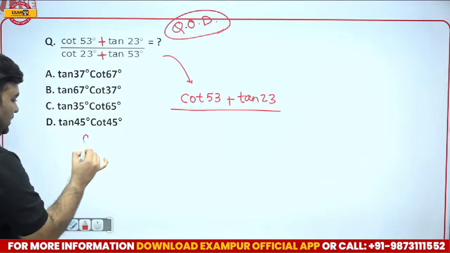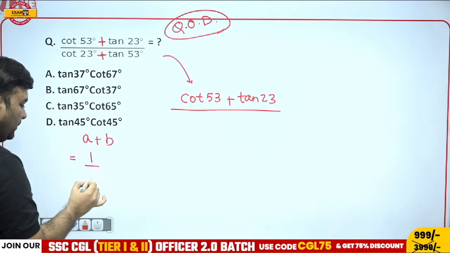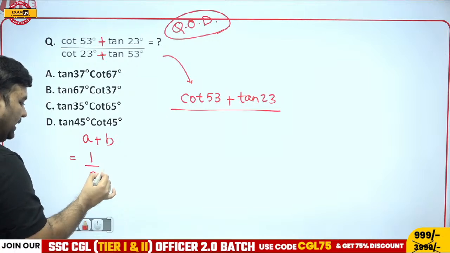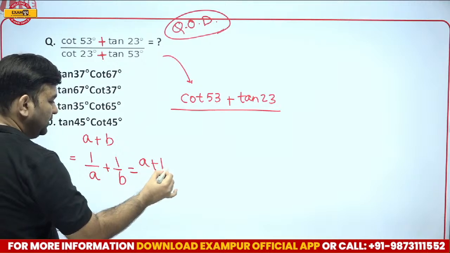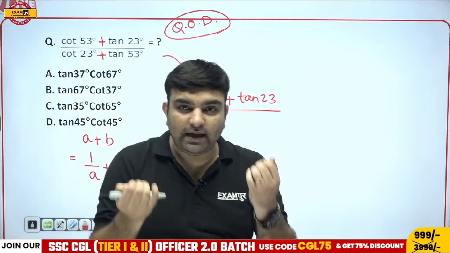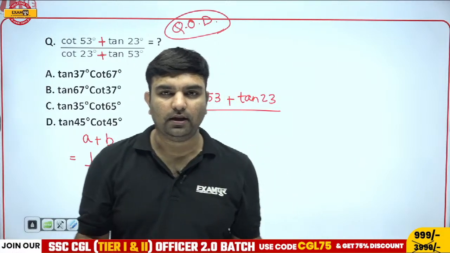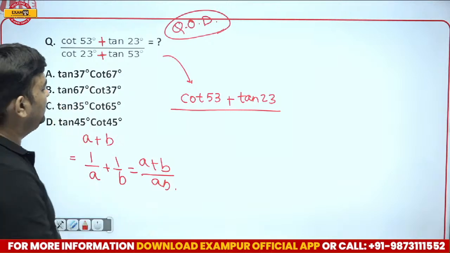Because like A plus B, if you can write this as 1 upon A plus 1 upon B, then only the product will come, na? Common sense. If you take its inverse, then only the product can come. Otherwise, there is no possibility to bring the product.